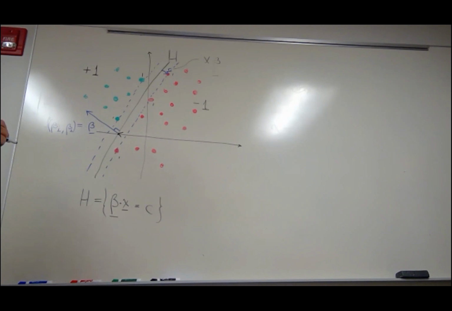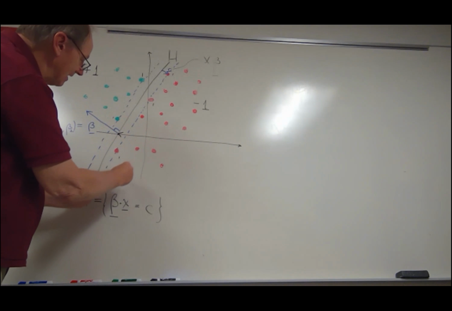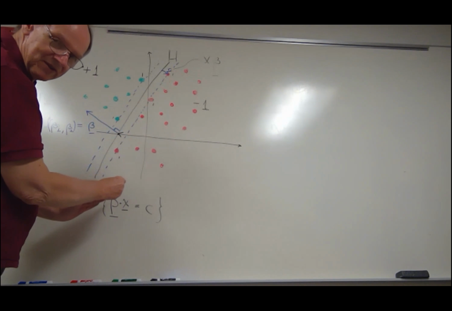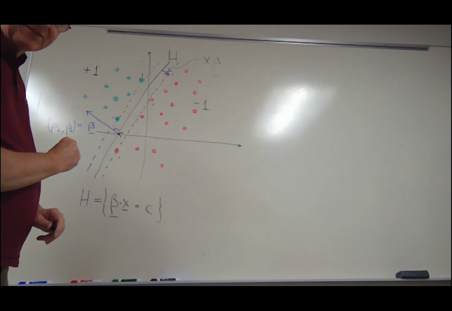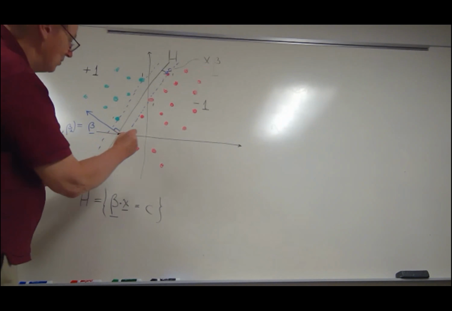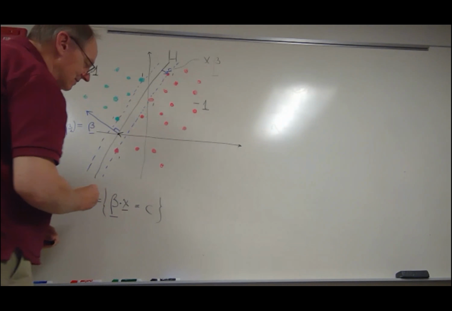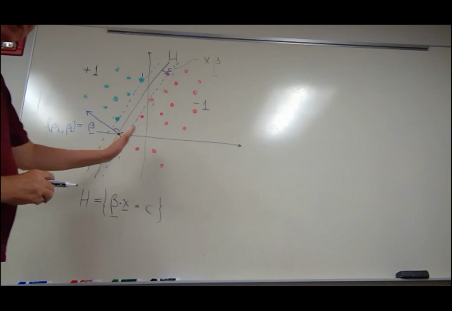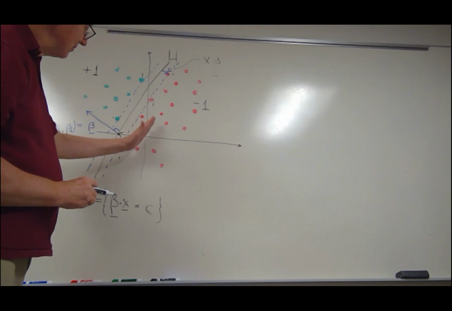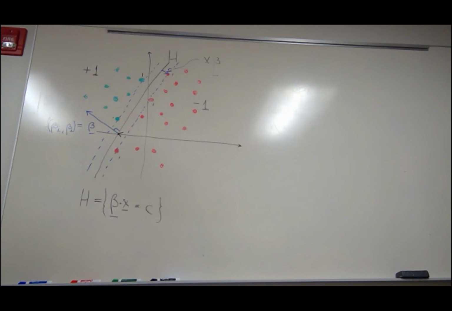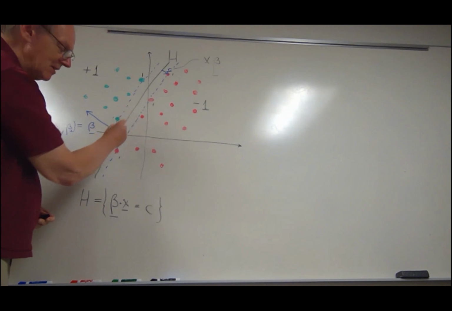Okay. So if you were to move this hyperplane through the origin, then beta is perpendicular to it. If this is a real hyperplane, a linear hyperplane, then that goes through the origin. Then it is perpendicular to it, but it's not perpendicular to vectors here that are on the line.